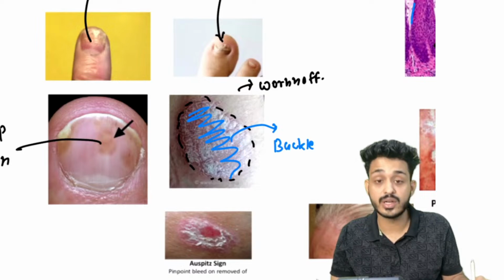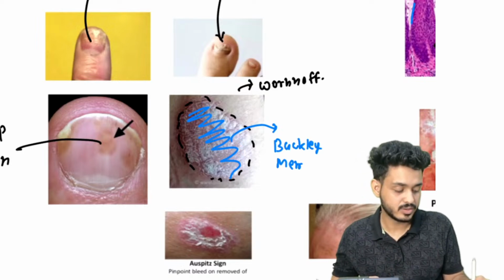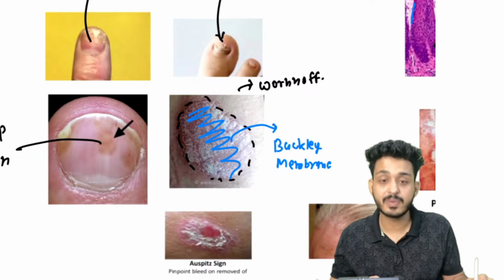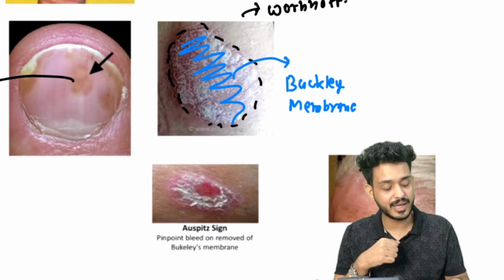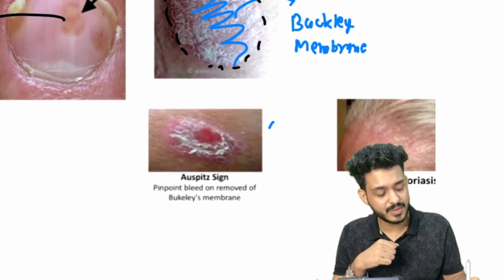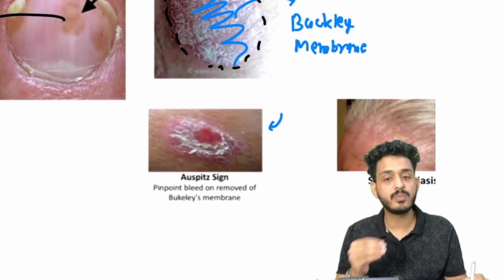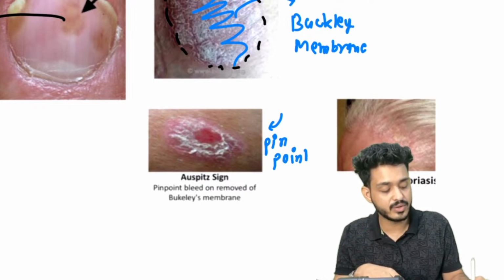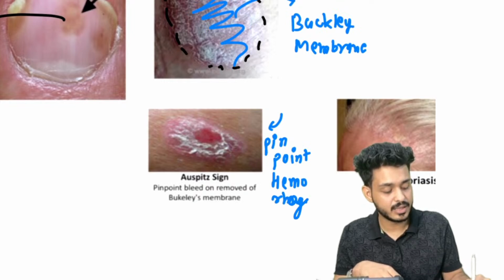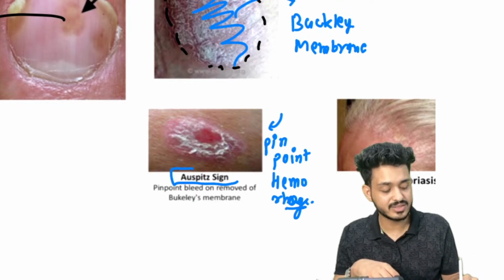Some naughty people will try to remove this Berkeley's membrane, and what will happen is we will have pinpoint hemorrhages when you remove that particular membrane. This is known as which sign? This is known as Auspitz sign.